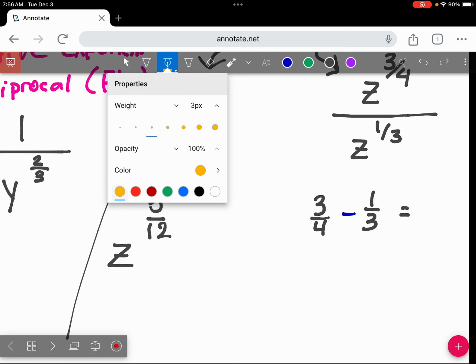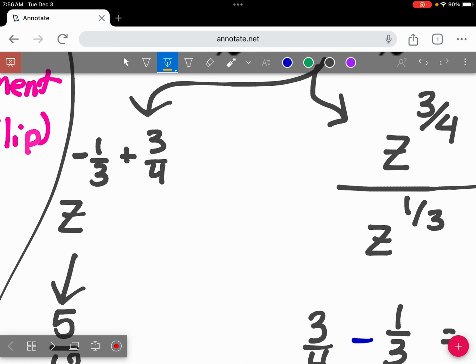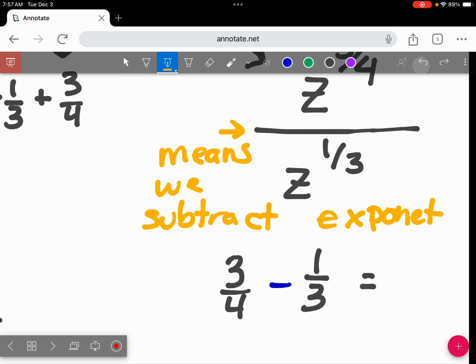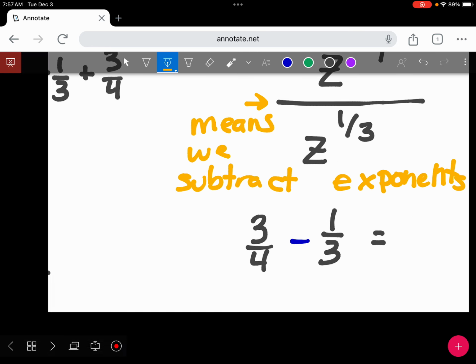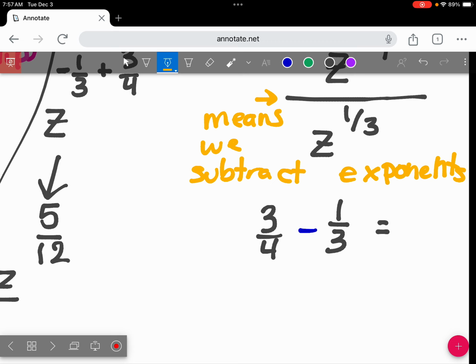I'll just write it down. It gets us to the exact exponent. So either way, we get down to 5/12.